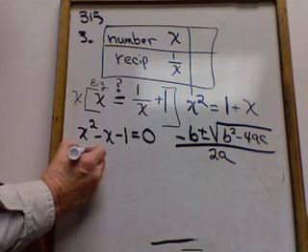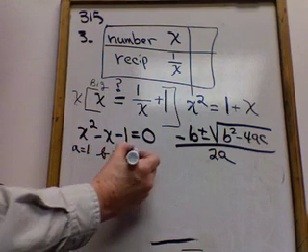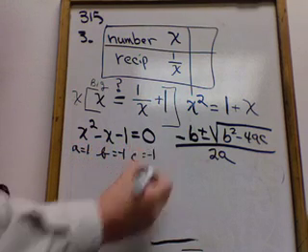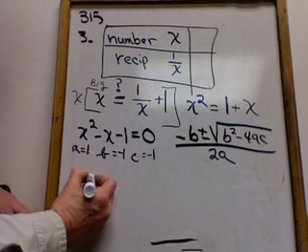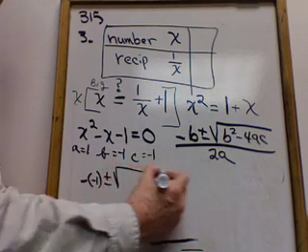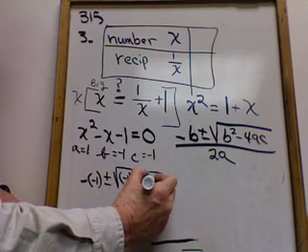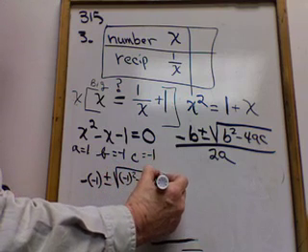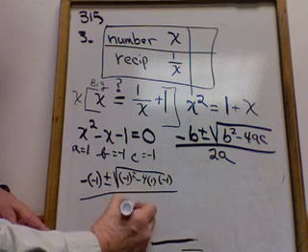First, identify a is 1, b is negative 1, c is negative 1. Okay, plug and chug here. So minus b plus or minus the square root of b squared minus 4 times a times c, all over 2a.